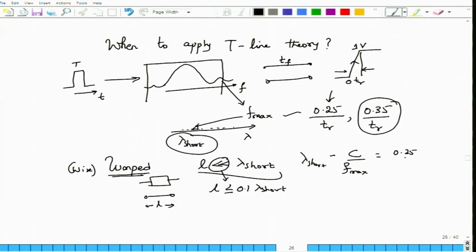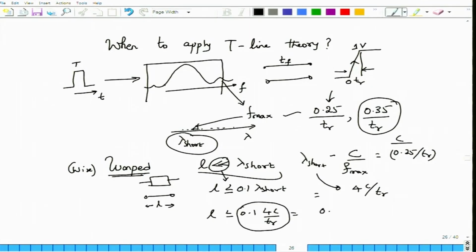So, this would be c divided by 0.25 by Tr. Since 1 by 0.25 goes to 4, the shortest wavelength is 4 times c by Tr, and L being less than or equal to 0.1 times 4 c by Tr, this right hand side quantity is nothing but 0.4 c by Tr. But the length is L.